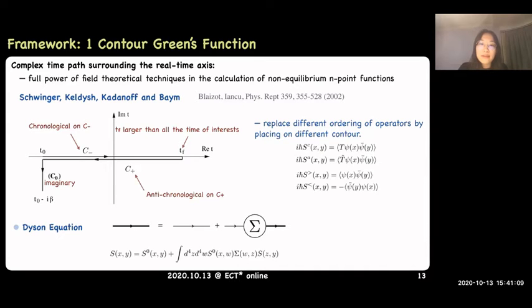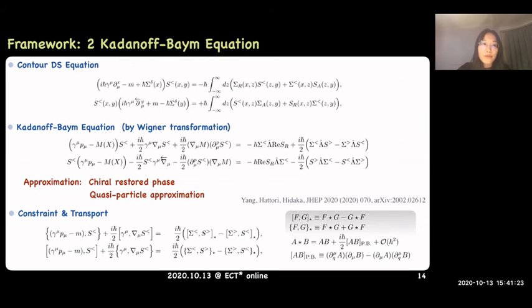Then the Green's function and the self-energy become matrices, and they still satisfy the Dyson-Schwinger equation, which is now the equation of motion on the complex contour. From the Dyson-Schwinger equation on the contour, performing the Wigner transformation, one obtains the Kadanoff-Baym equation.